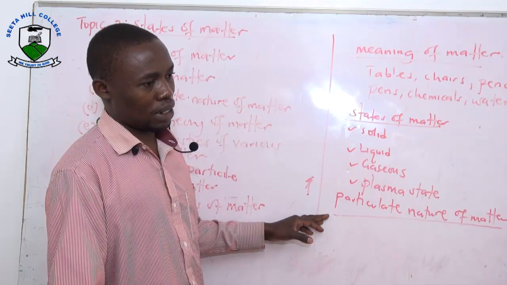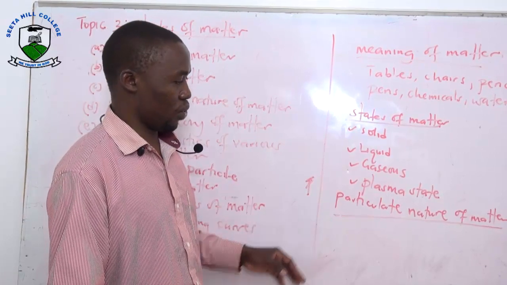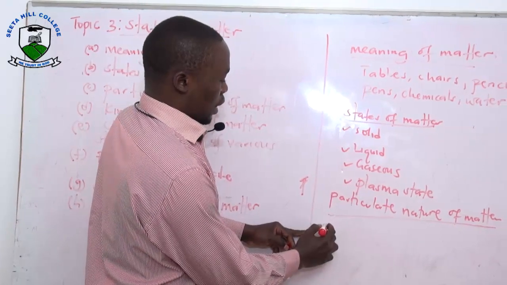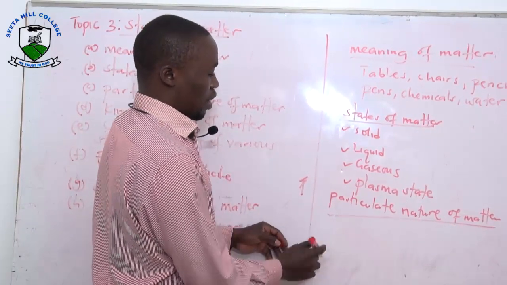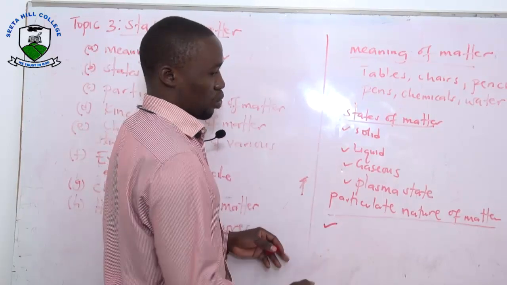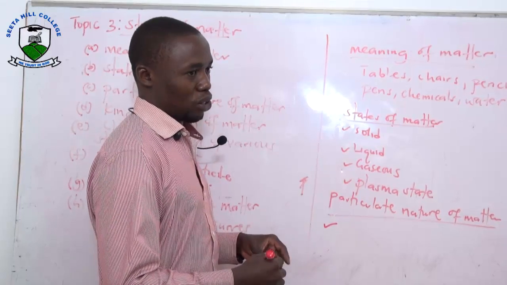Ideas explaining some facts are called theories. Scientists gave the first scientific theory on matter: that matter consists of tiny particles.